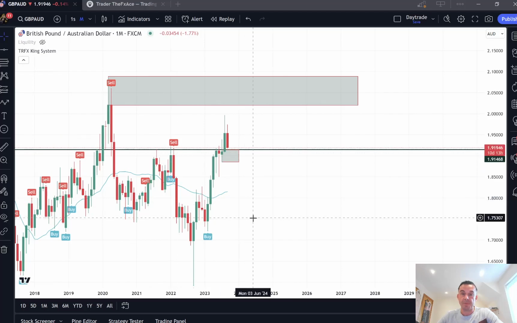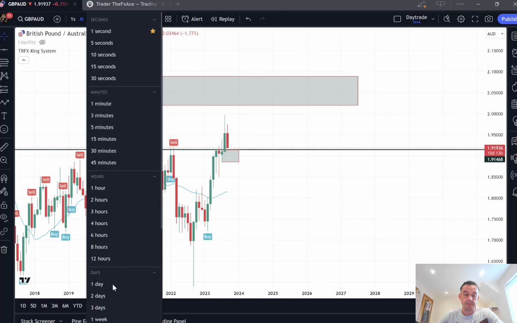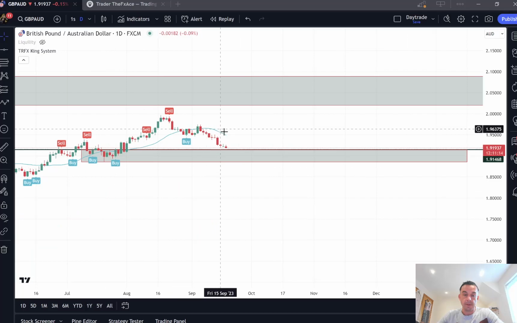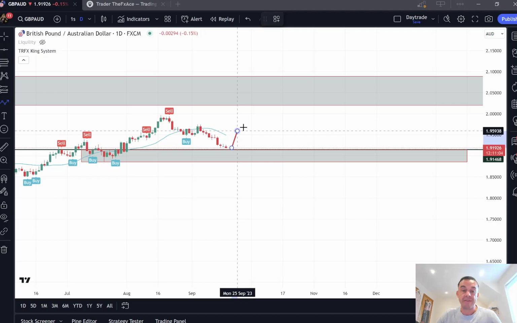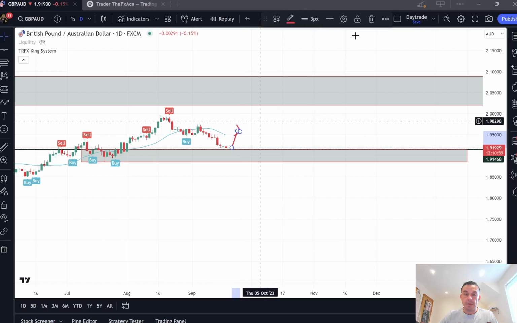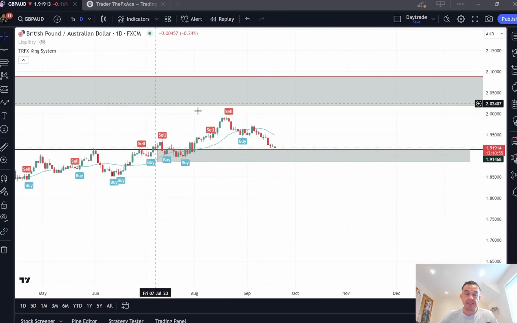But I do suspect we will get a reaction in this green box, and at least a move up to 196, or between 195 and 197. So there's definitely at least a 300, 400 pip profit potential on this trade. Very good setup, very basic, and it's just doing price action.